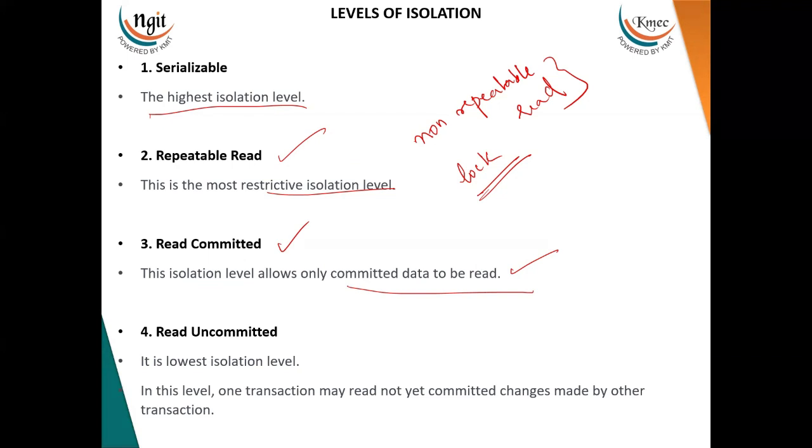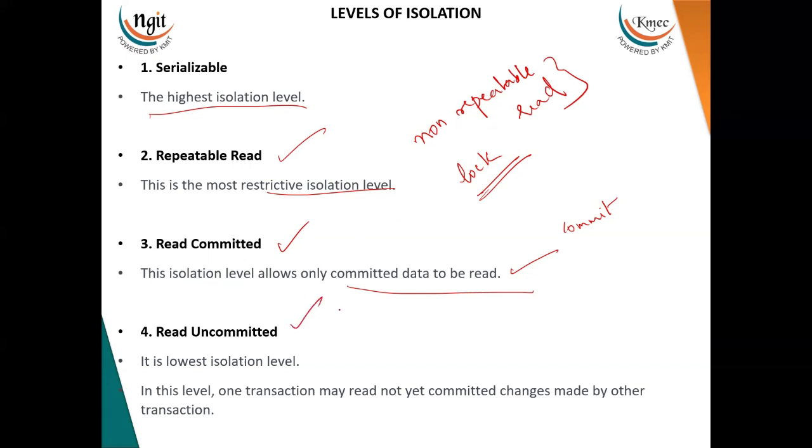Dirty read says that one transaction reads data immediately after it is written by another transaction, that is, when the other transaction has not performed any commit. Before commit, if the other transaction is reading the value which is written by the first transaction, then it leads to a dirty read.